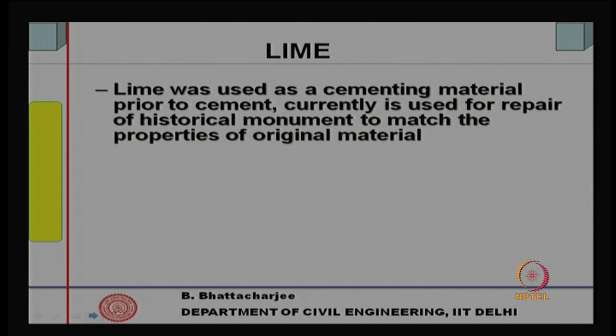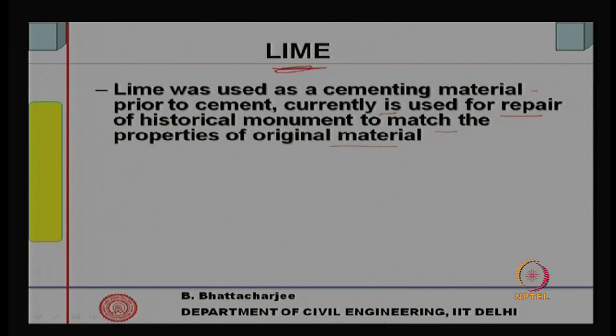Now, let us come to blended cement, but before that let us understand a little bit about this material, lime. As I mentioned in the very first day's discussion, module 1, lecture 1, lime was used as a cementing material prior to cement. Currently, of course, it is used for repair of historical monuments to match the properties of the original material.